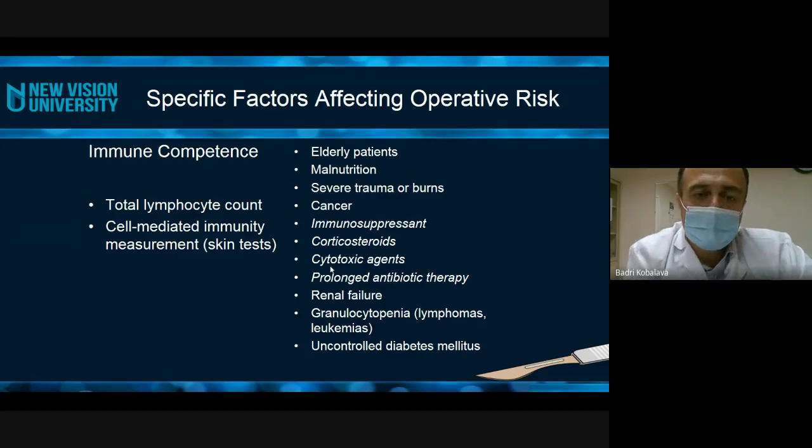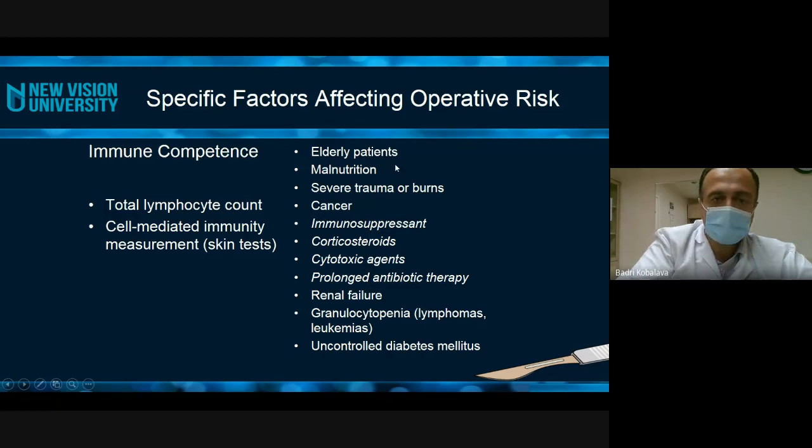But it is well known that several conditions lead to the depression of the immune system and raise the rate of infectious complications. These risk factors are elderly age, so elderly patients have a relatively lower immune state than young patients.